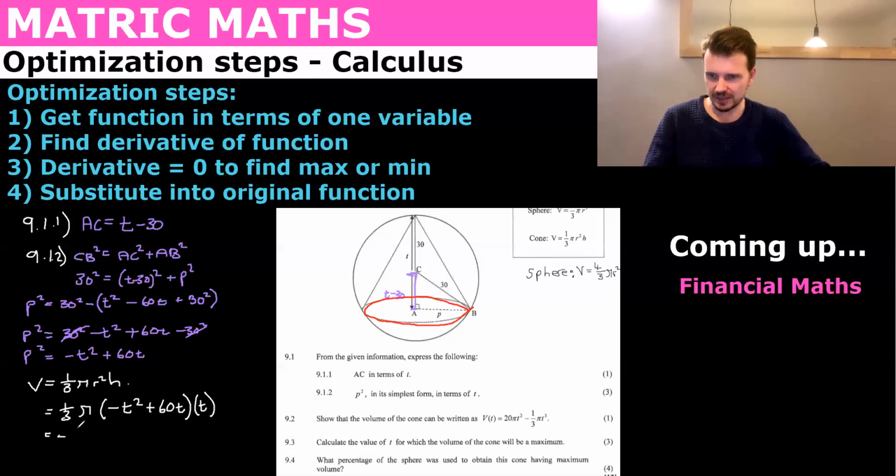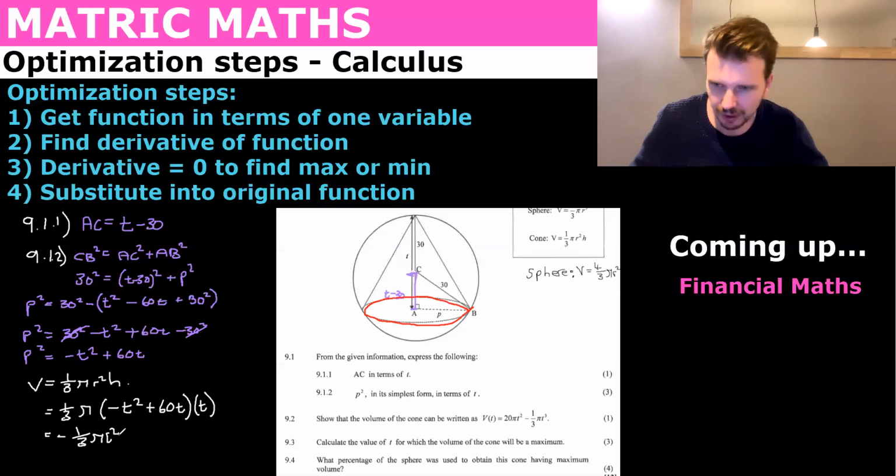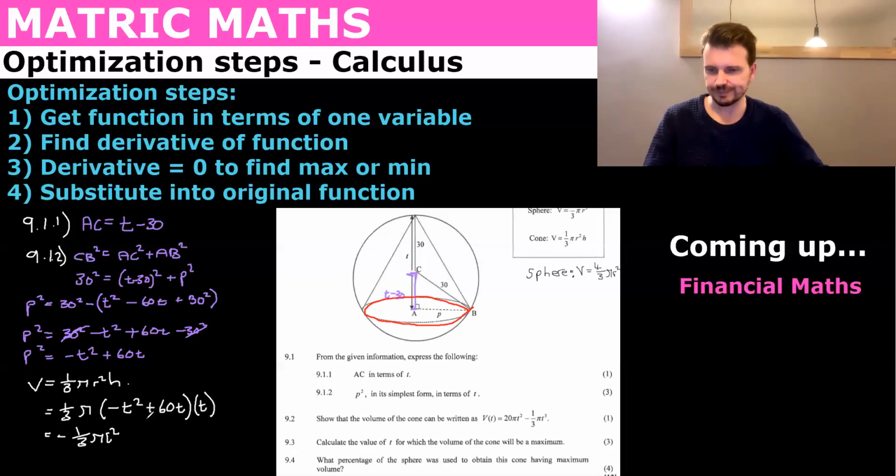So it's minus 1/3 pi t squared. And then this t cubed, actually, because when I times this, let me just do those arrows there. When I times this minus t times t, I get t cubed. Okay, so that's t cubed.